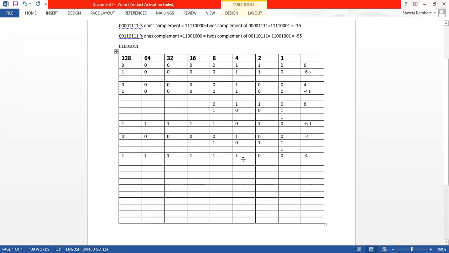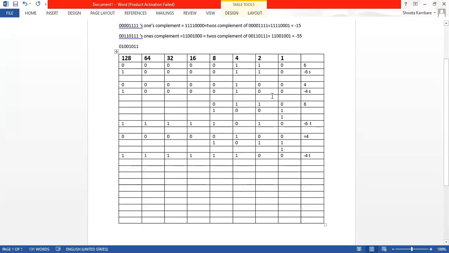So remember, the representation method is very important. See, minus 4 will be represented like this in sign magnitude representation, and in 2's complement representation, minus 4 will be represented like this if you are using 8 bits.